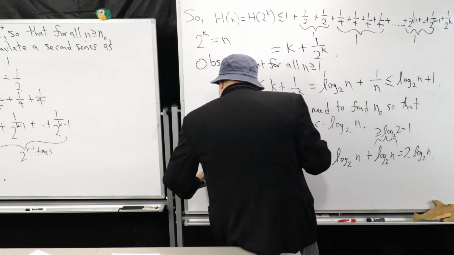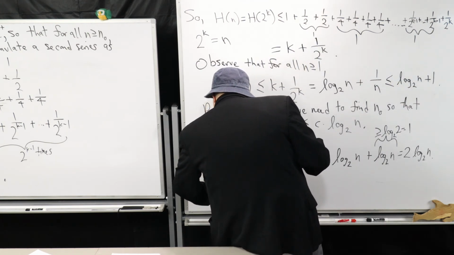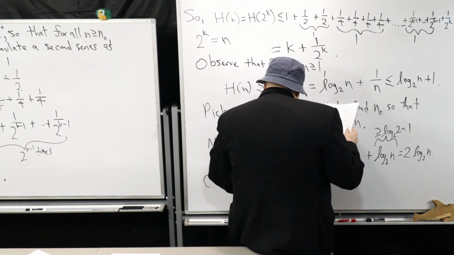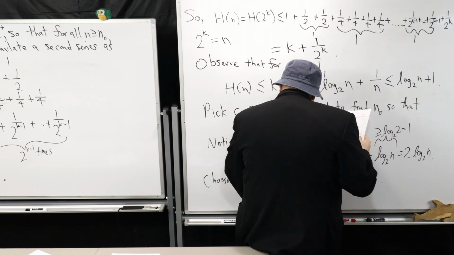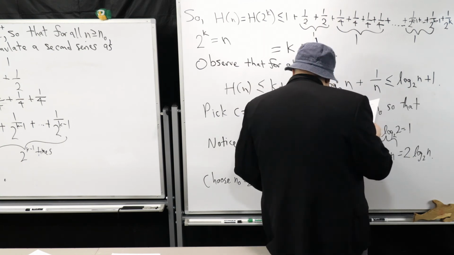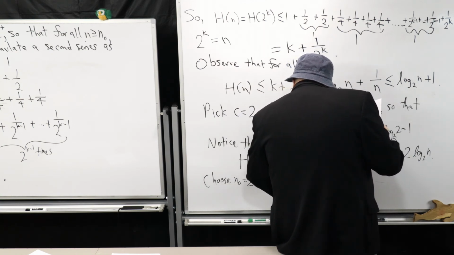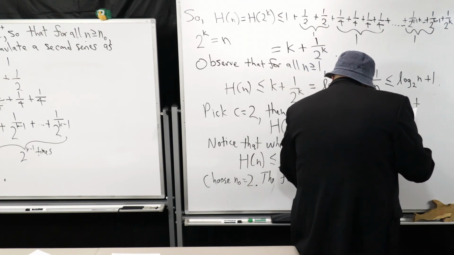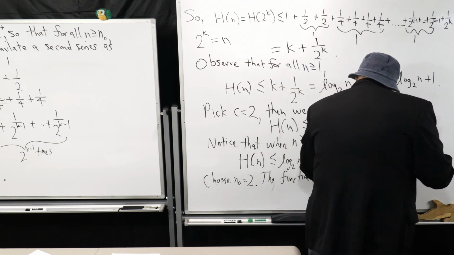So I'm just going to choose n0 is equal to 2. Now this is where I'm going to invoke the smoothness rule. The function log base 2 of n is smooth.